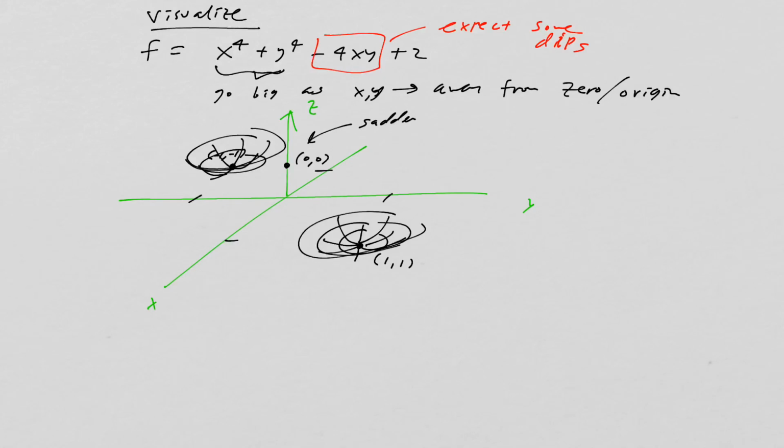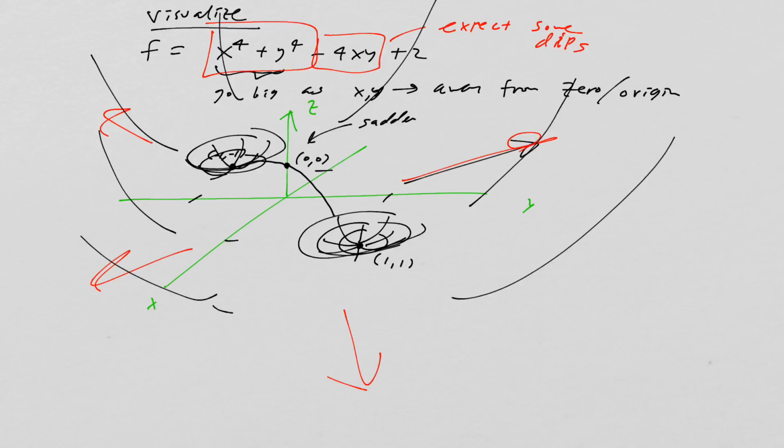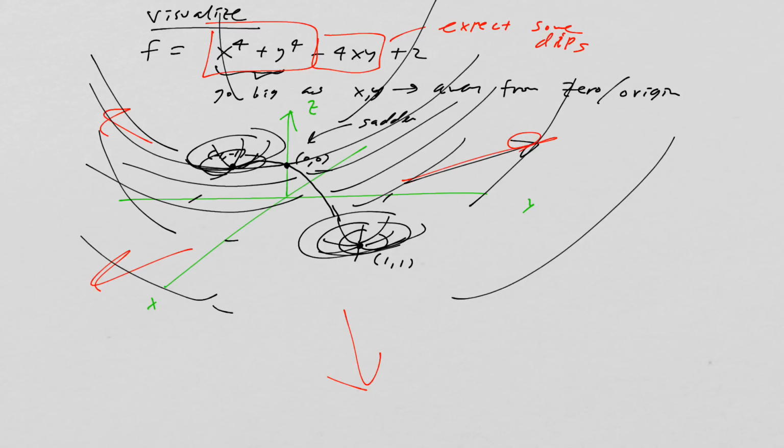As we go far, far away from all of this, eventually those quartic terms are going to dominate, and this just gets really, really big. But there is a saddle connection between them, sort of like a mountain pass between these two valleys. But if I go out this way, it should go up.